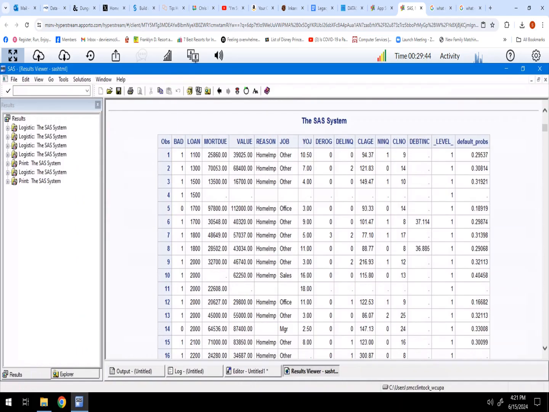All right, and so there I have some probabilities of defaulting.